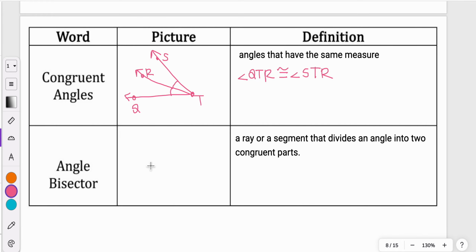And then angle bisector is just when you have that middle ray or that middle segment dividing an angle into two congruent parts. So again, still can use Q, T, S, and R.